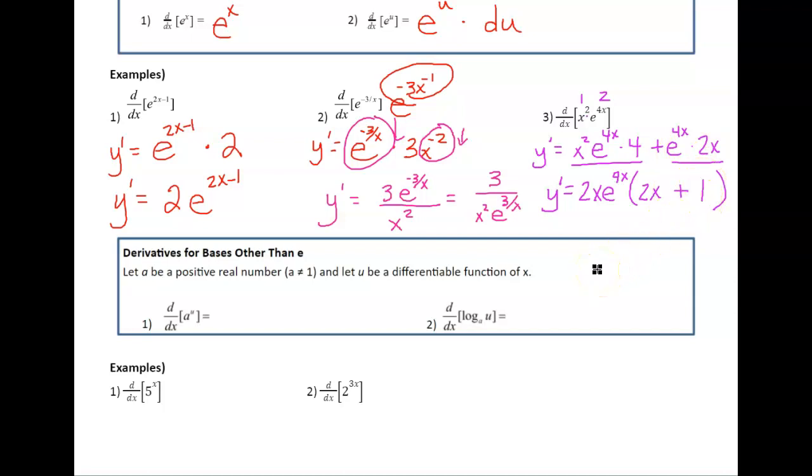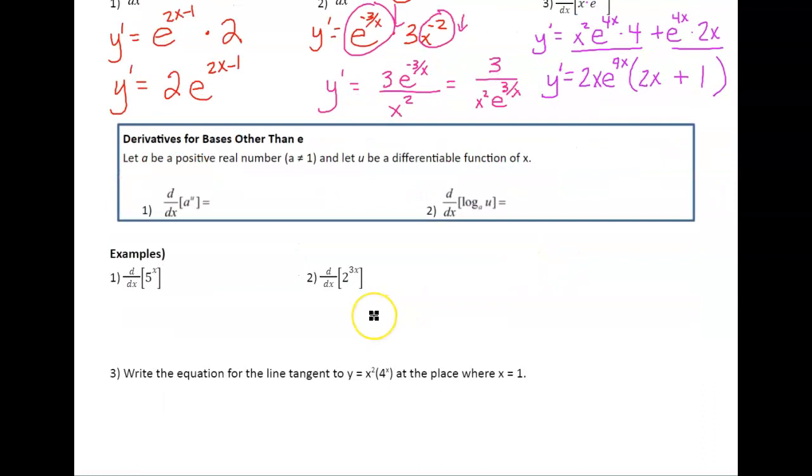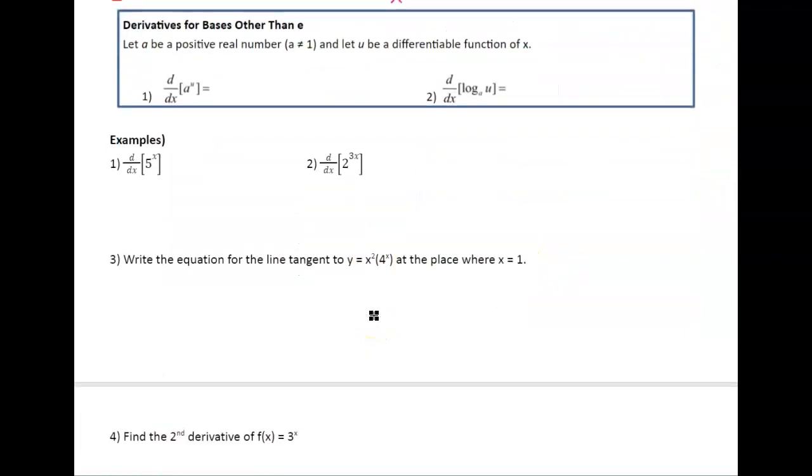Okay? All right, we got 2 last special functions, and these are really the last 2 special derivatives, and then we learn 1 special derivative type. That's pretty important, but that's in Unit 3. Now, a, what you're going to recognize is a is a number, like 5 to the x. So a to the u, it's a long one.